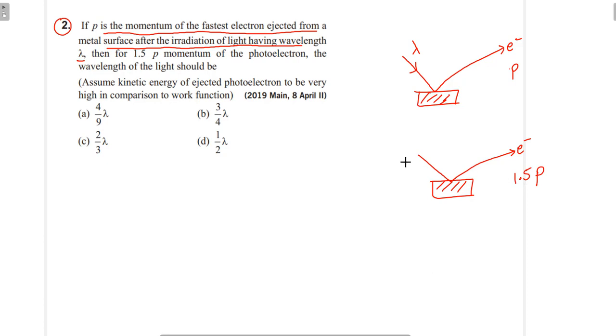So the question is asking lambda dash equal to what? How many times larger or smaller? This calculation you have to do. Now we have to derive the relation between lambda and p.